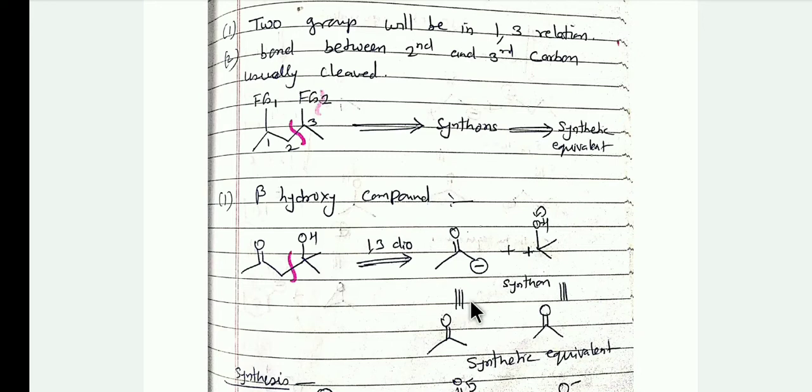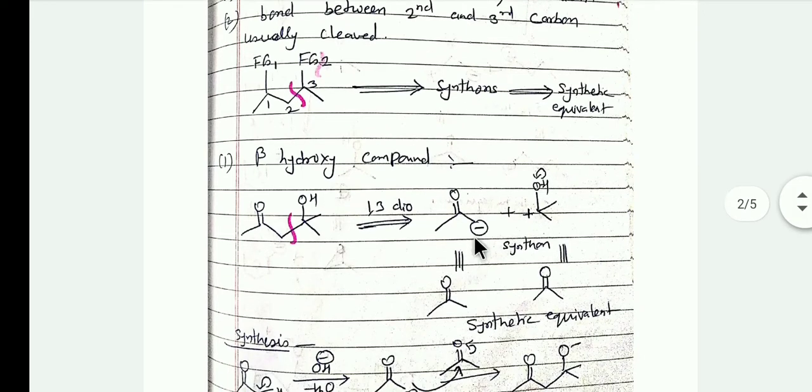Now for getting this type of synthon, we employ this synthetic equivalent. By addition of a proton to this carbon atom, we get this synthetic equivalent. Here the removal of hydrogen as a proton and giving electron to this oxygen atom makes this oxygen negatively charged.